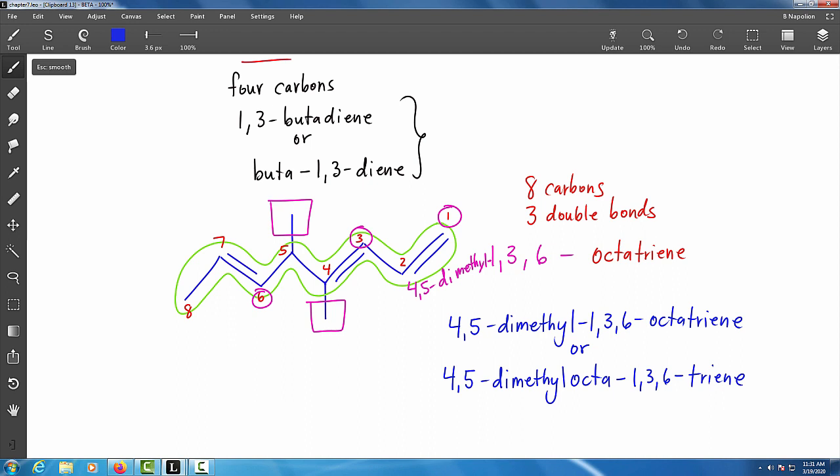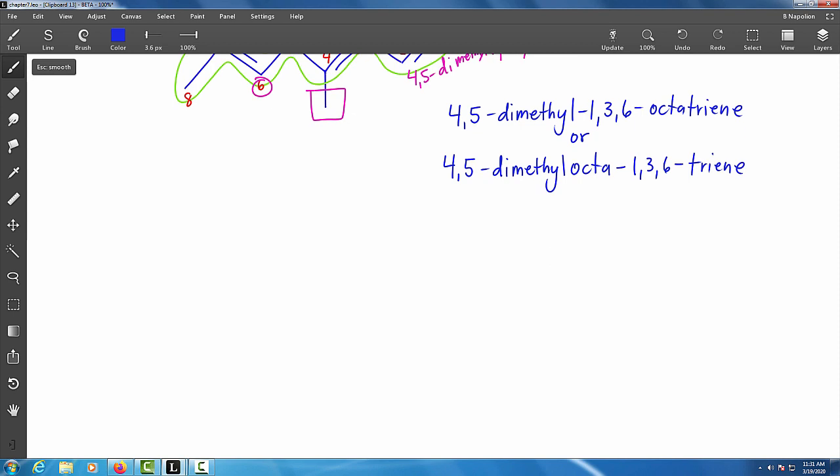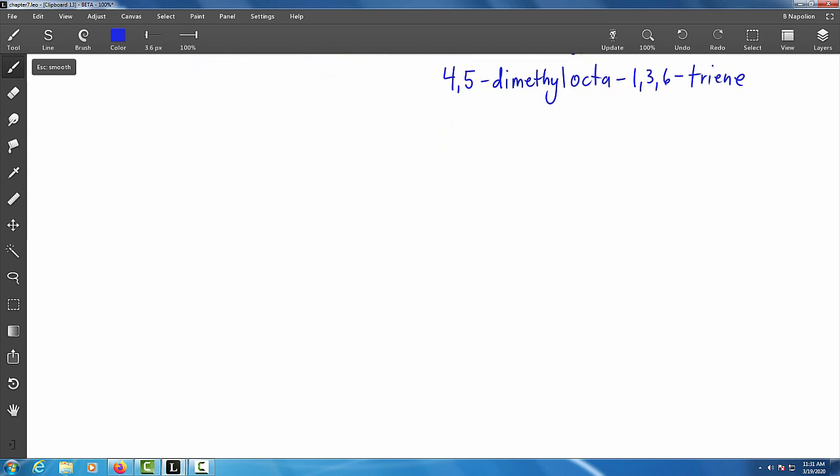Okay, now what if we have a multiple bond within a ring?